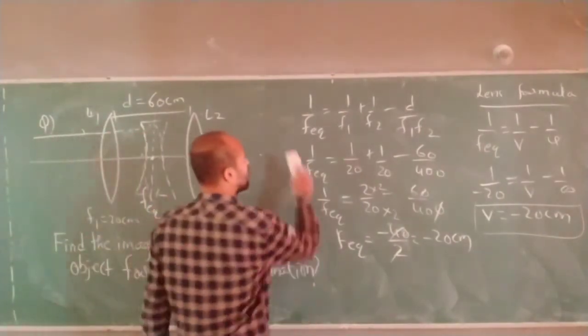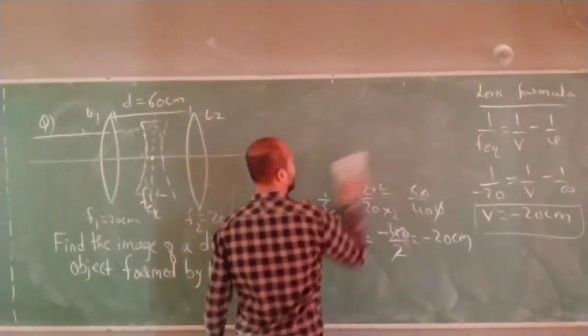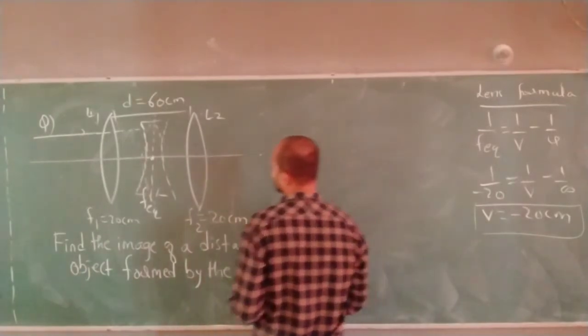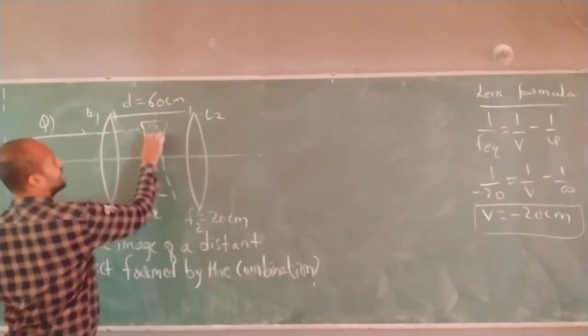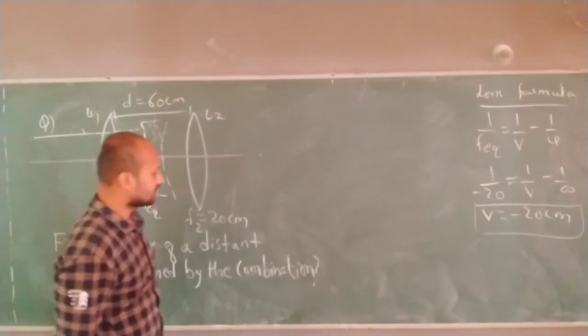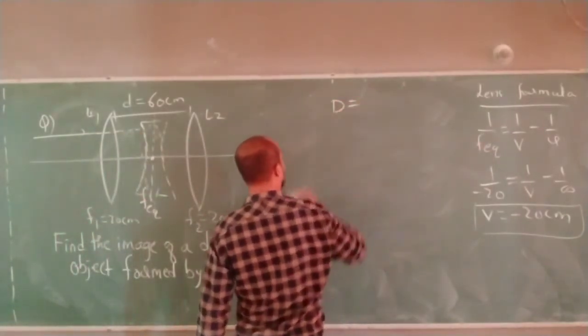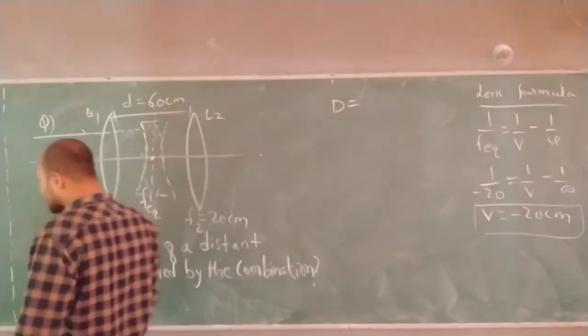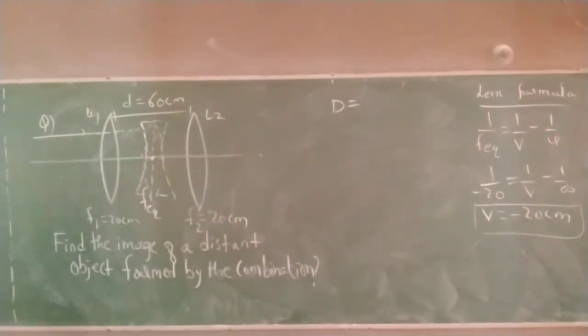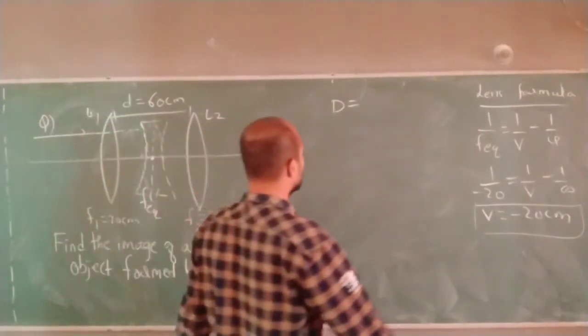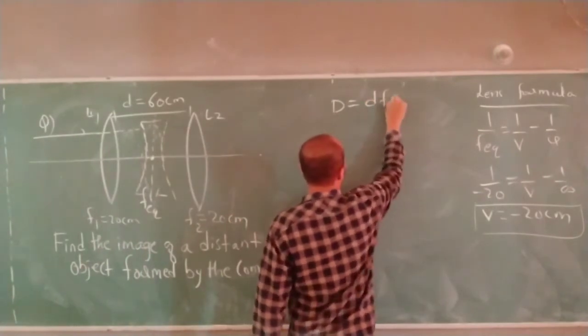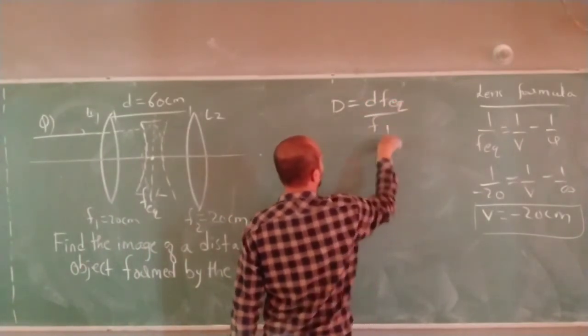Now I will find the location of the lens. Where is it located from the second lens? D is equal to small d into F equivalent divided by F1.